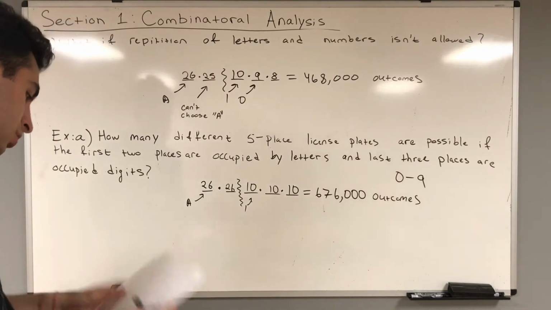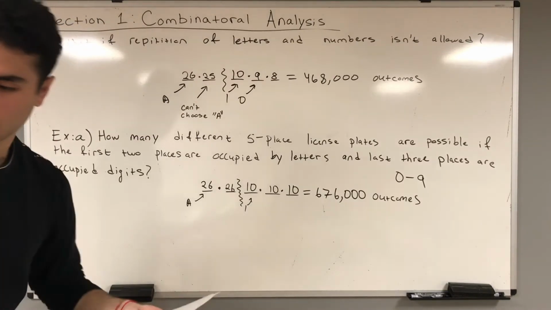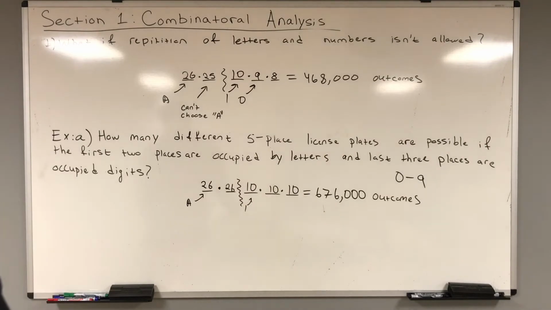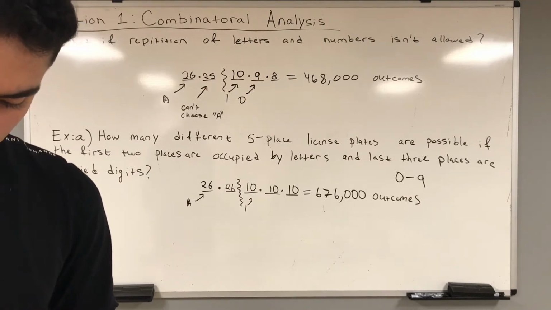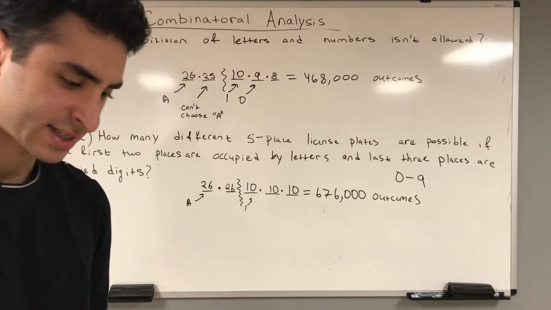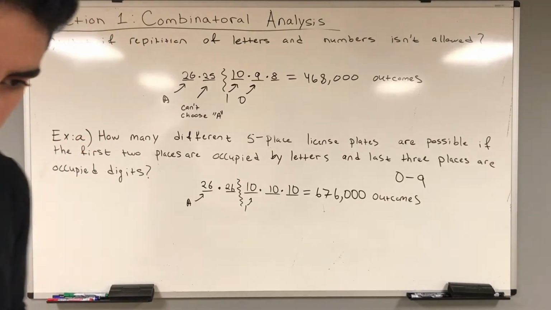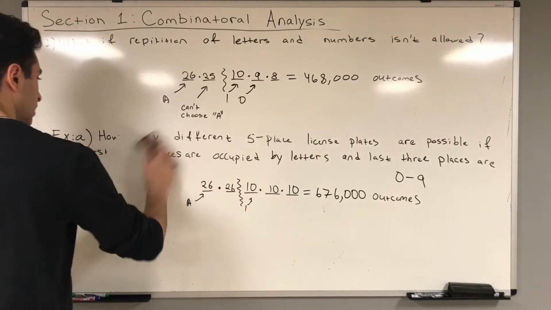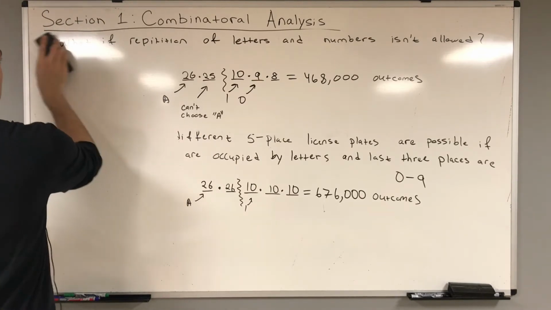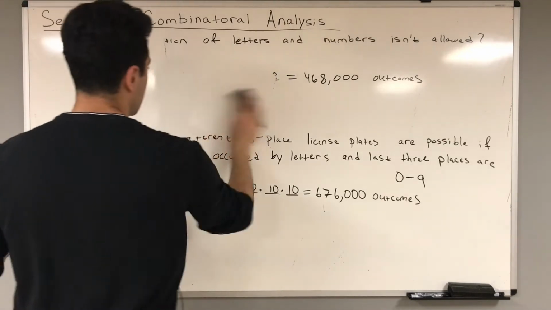So that answers that question. This is our last example before we move on to permutations, and this example is a little tricky. Well, not that tricky, but it's a little abstract.